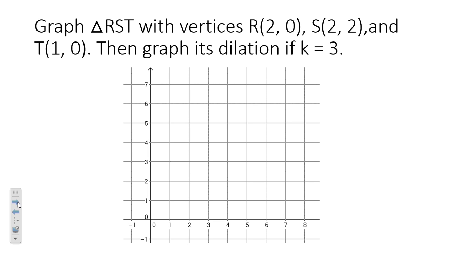Make sure you label your points. When I test you on these, I'll give you 3 points for plotting the points right, but if you don't label them, you lose a point. So make sure you label your points.